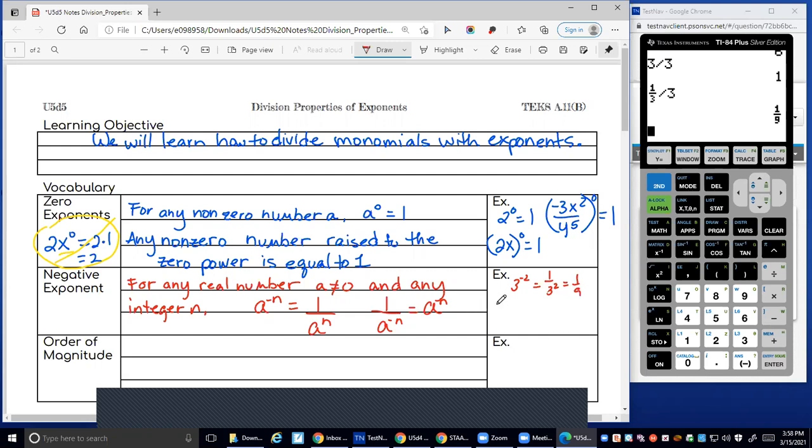If we had started off with, let's say that we had 5, I'm going to put it in a fraction, 1 over 5 to the power of negative 3, then this is going to be equivalent to, we bring it from the denominator up, and we make that exponent positive. Okay.